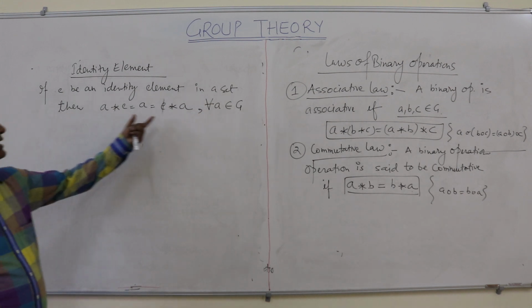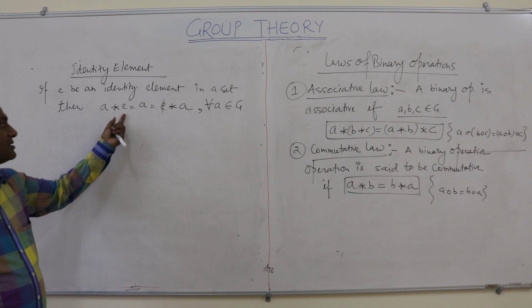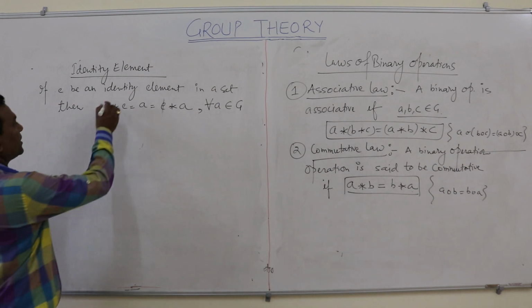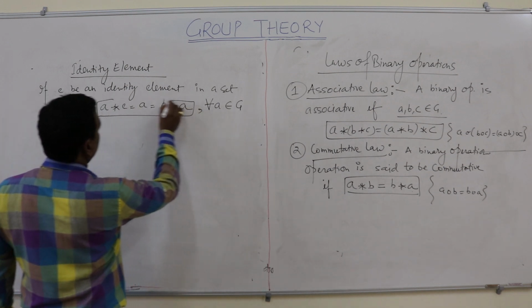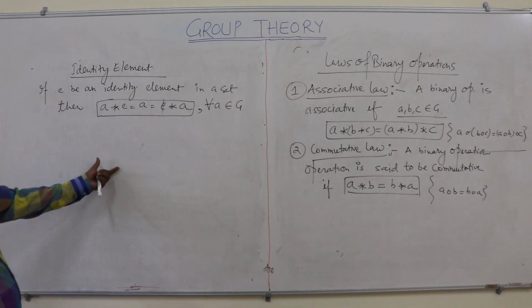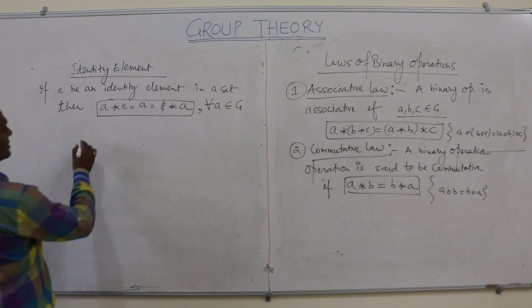So an element in G is known as the identity element if this property holds for all a.